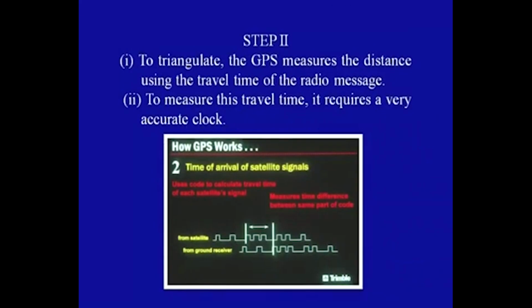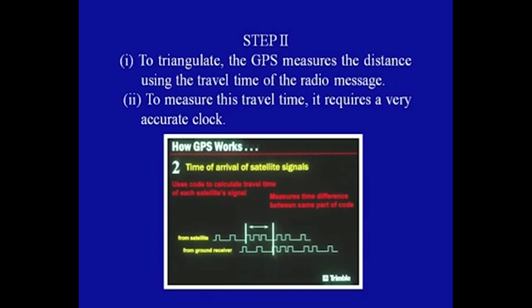The second step is to triangulate. The GPS measures the distance from the travel time of the radio message which has been received from the satellite, and to measure this travel time it requires a very accurate clock. In order to do so, it looks at the codes which have been received from the satellite and the time difference between the same part of the code.